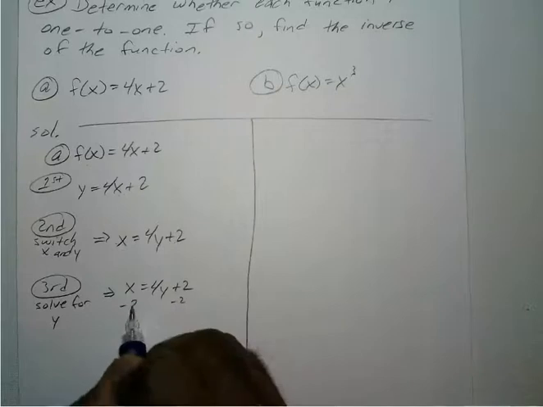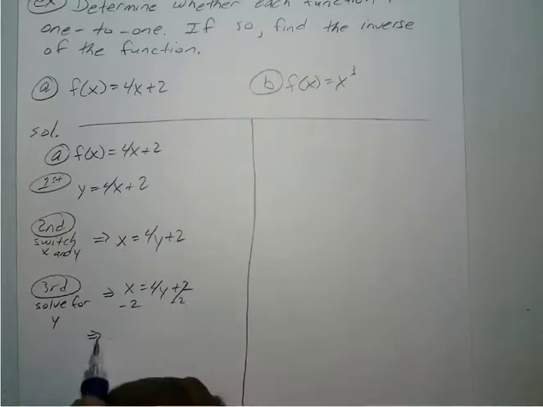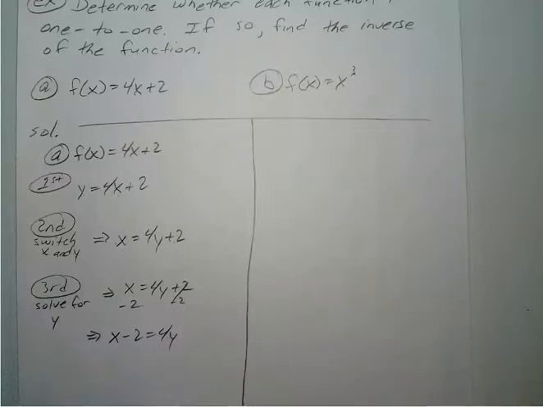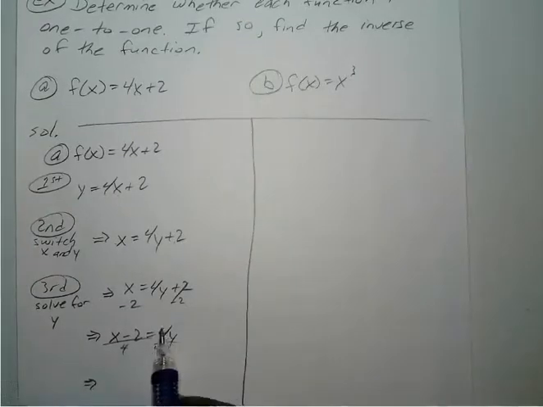We subtract 2 from both sides. That gives us x minus 2 equals 4y. Divide both sides by 4. These two cancel out. I'm just going to switch that over here. So y equals x minus 2 over 4.